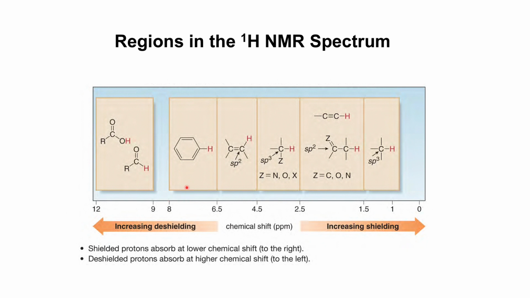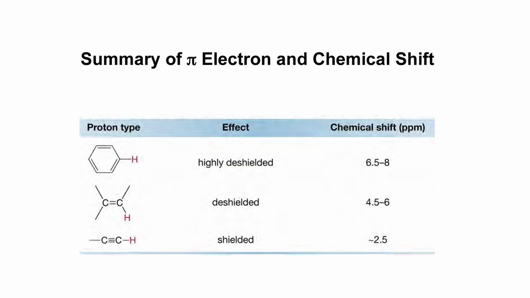You just have to look up those values, and based on the position of the peaks you can identify which atoms are present and how they're arranged. Like we said, the benzene ring attached to hydrogen is highly de-shielded, and the chemical shift would be 6.5 to 8 parts per million. Whereas the C triple bond C attached to a hydrogen is shielded, and its chemical shift would be lower, at 2.5 ppm.